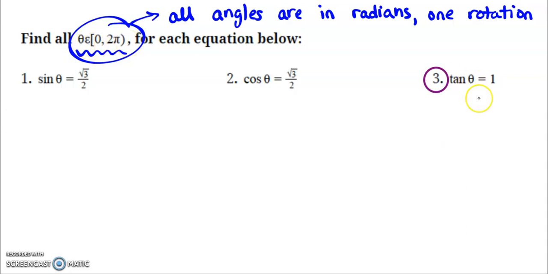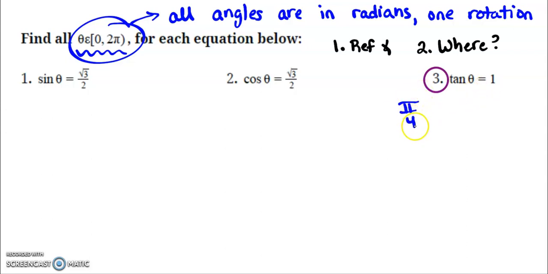All right, so back to tangent. Whenever you're answering one of these questions, think about two things. One, what reference angle or reference family are we working with? And two, where could this angle land? Okay. Now, when I look at this, I immediately think of pi/4, because the only way to possibly get 1 for my tangent is to be somewhere at one of the pi over 4s.